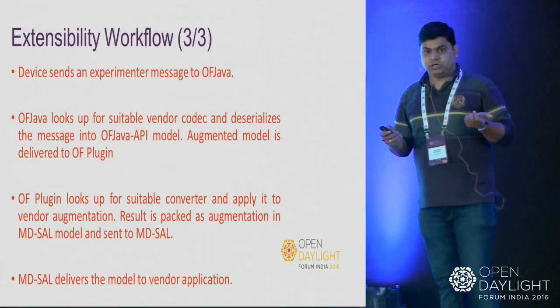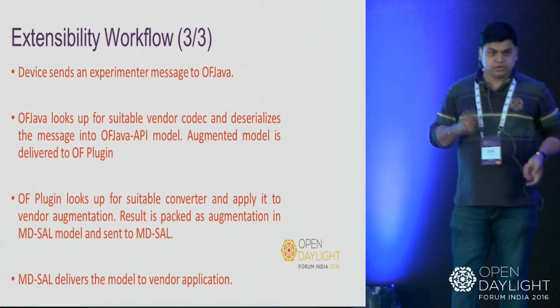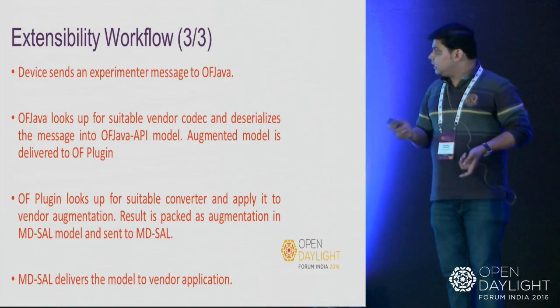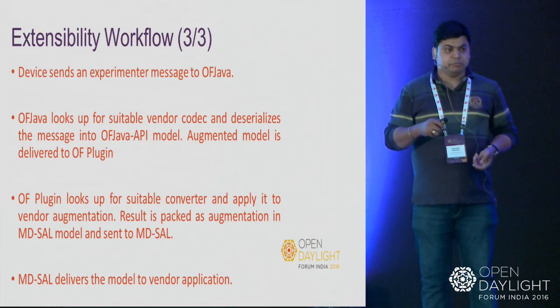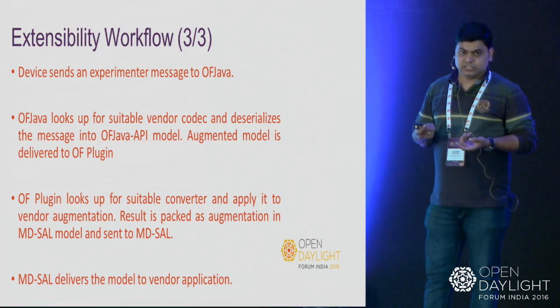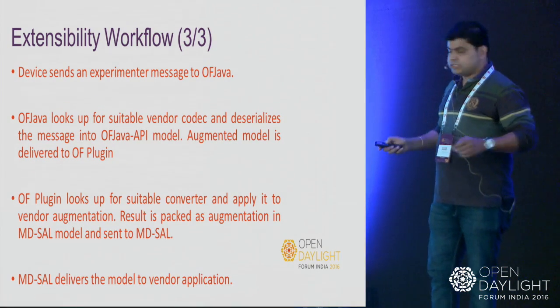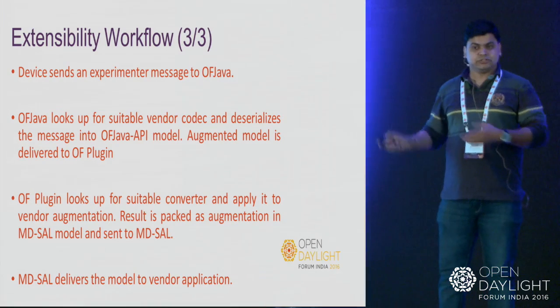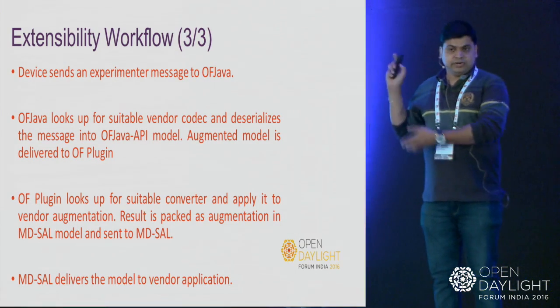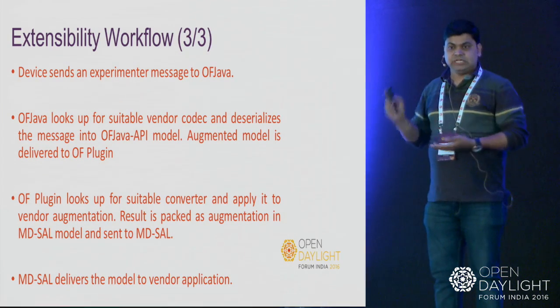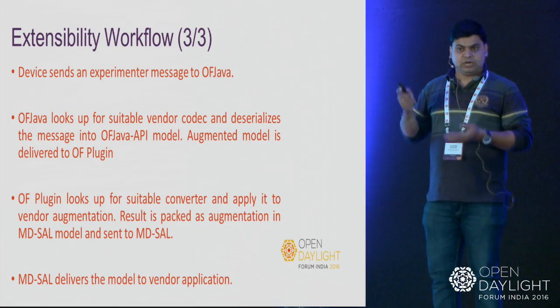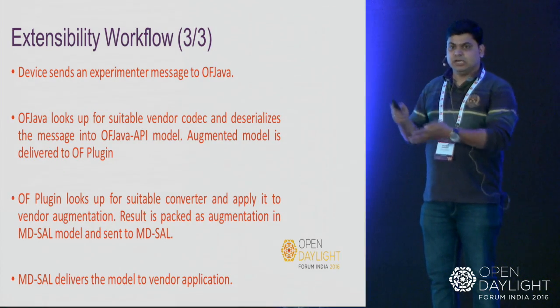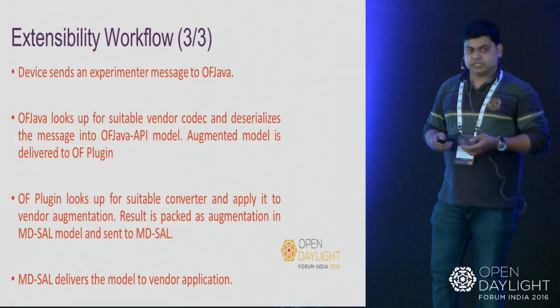The plugin looks up the converter, since we have also registered the plugin converters. Finally, it is given to our vendor specific bundle, where we can process the message. So this is the to and fro way. We can relate to this when we see the sample app, which will have the code snippets showing how these things are used.